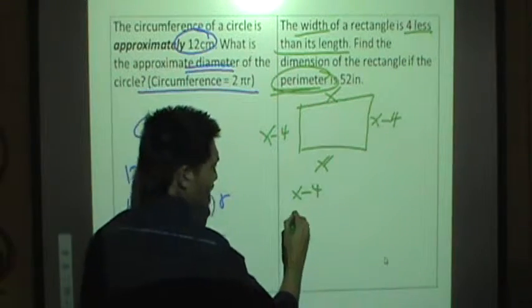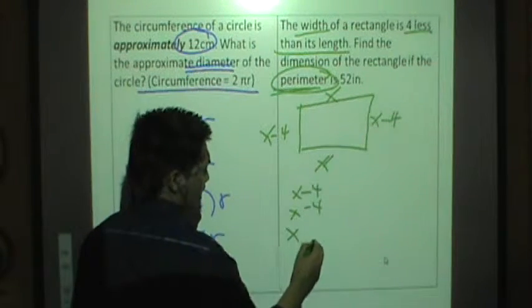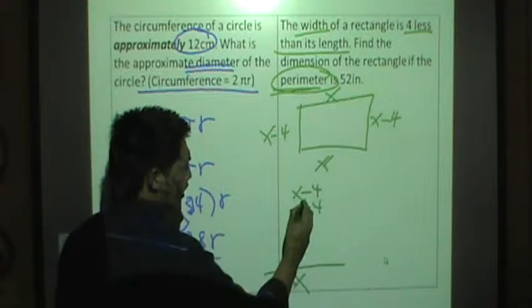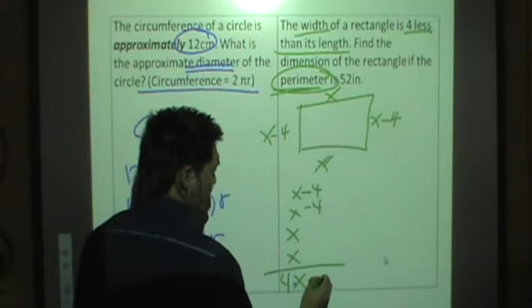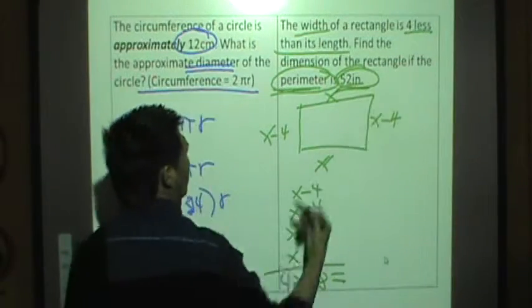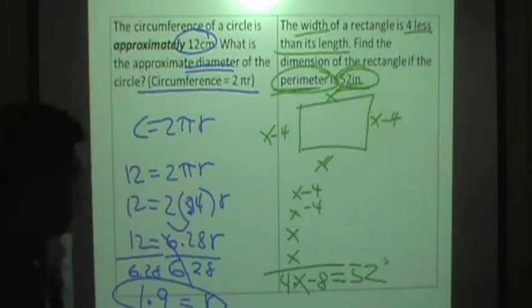x minus 4, and then x, and so on. Add all the x's, that gives you 4x. Negative 4 minus 4 is minus 8, equals the perimeter, 52.